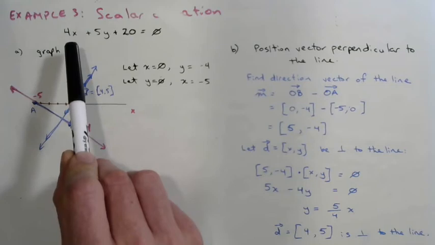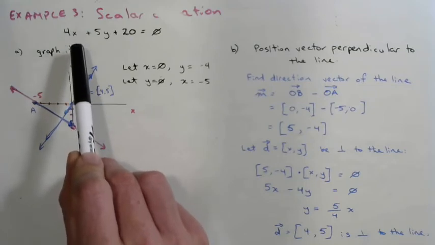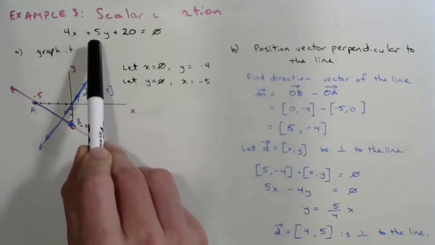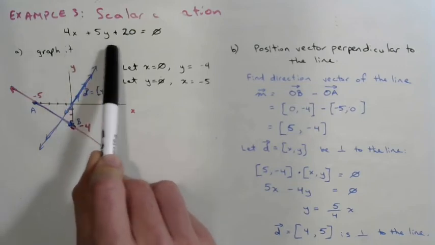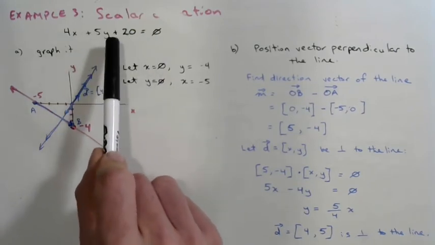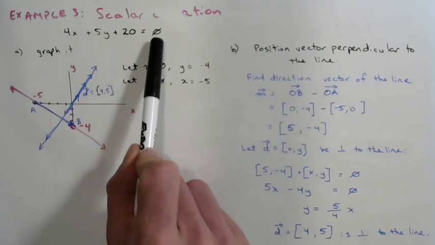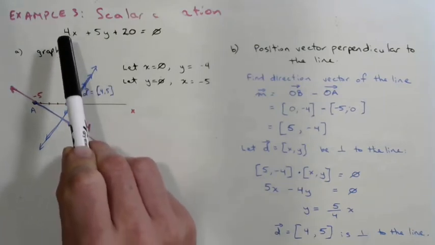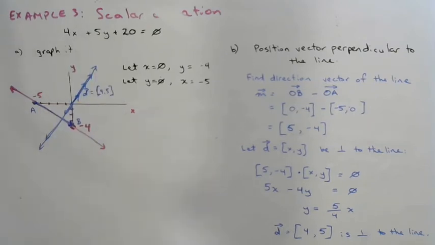And it turns out that the components of d, the x and y components here, correspond to the coefficients of x and y respectively from the scalar equation. So we got the equation 4x plus 5y plus 20 equals 0. And it turns out that a vector perpendicular to this line is the vector 4, 5. Okay? So there's something to remember.